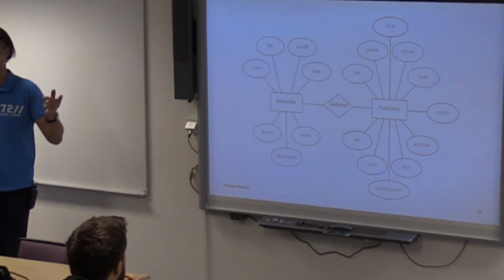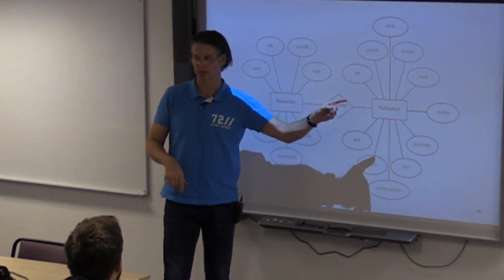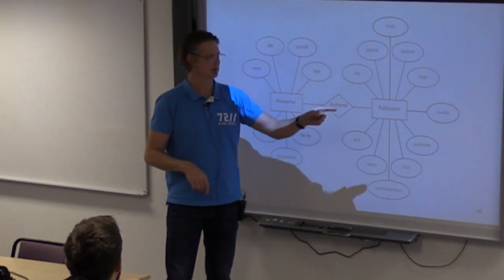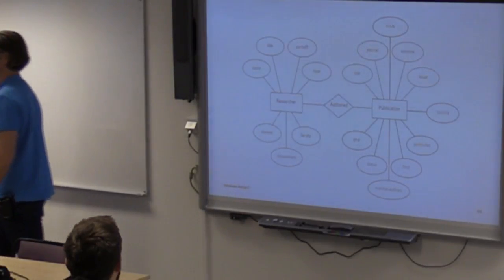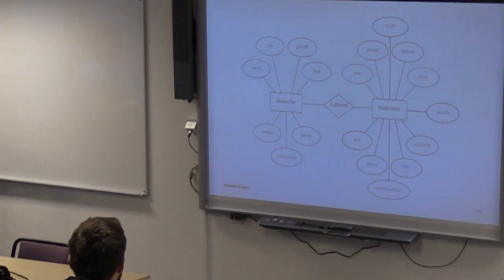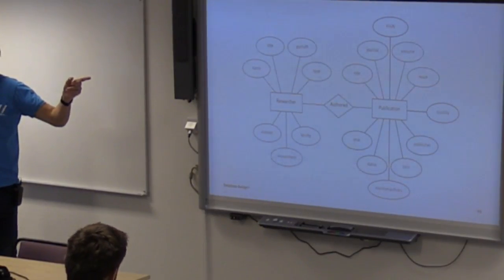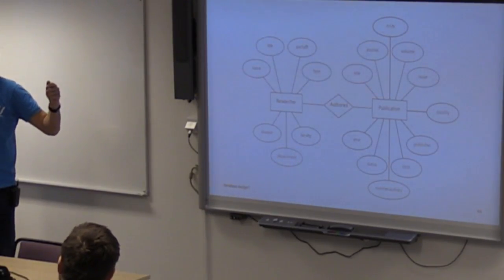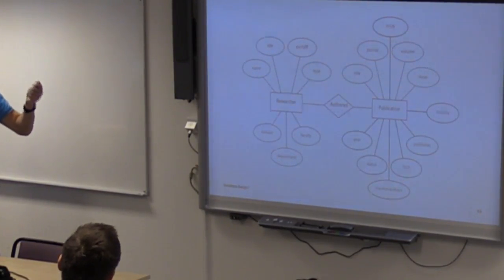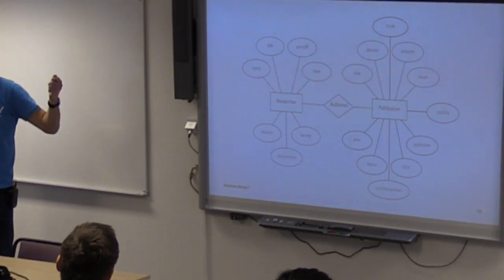So it seems quite like a bad idea to put that quality attribute to the publication entity. Can you see that you are creating one instance of that publication, and then you add year to it? Okay, the next year should you add another instance of the same publication, because it will get a new quality level. That seems quite strange.